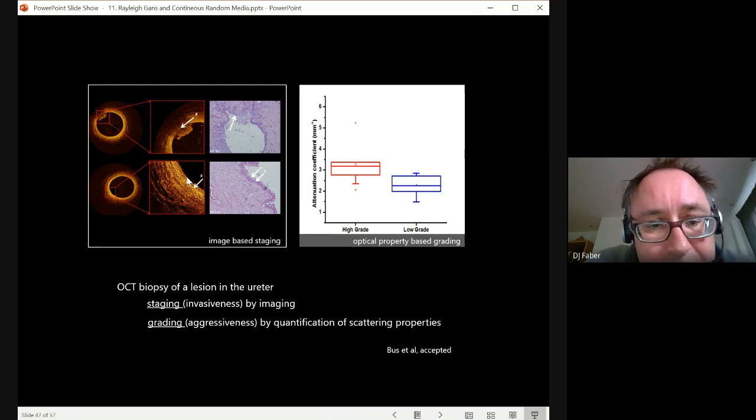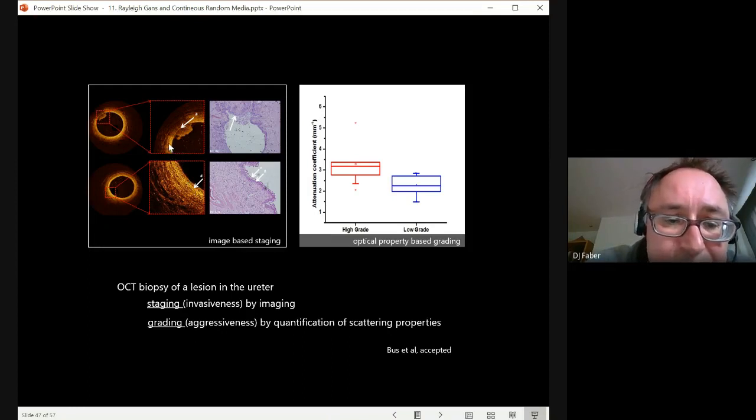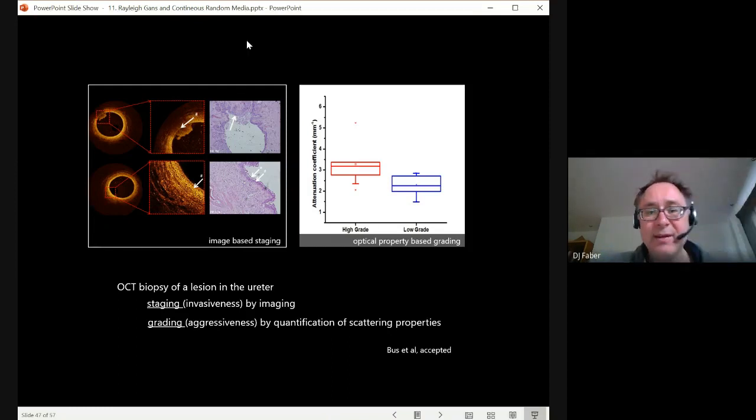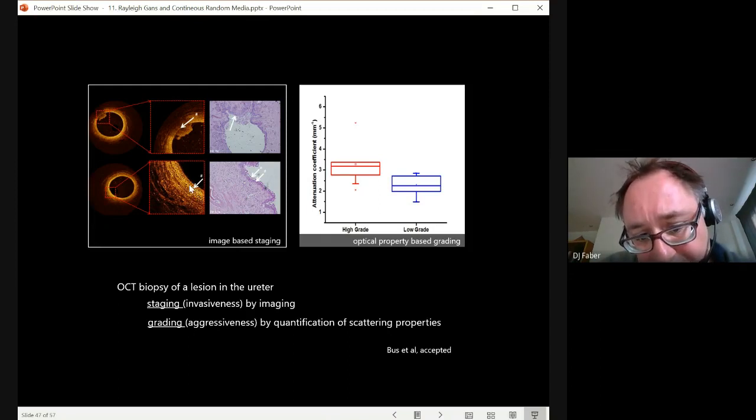So what you would normally see is a little bit more. It's a little bit hard to see in the top image, because the tumor is there. It is more like a layered structure. So you see individual cylindrical layers stacked on top of each other, and that is a little bit missing in the lower image, especially at the location of the arrow.